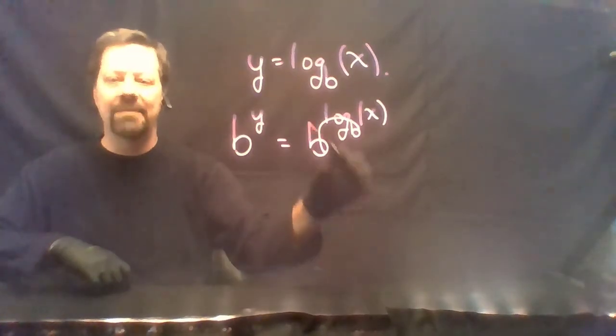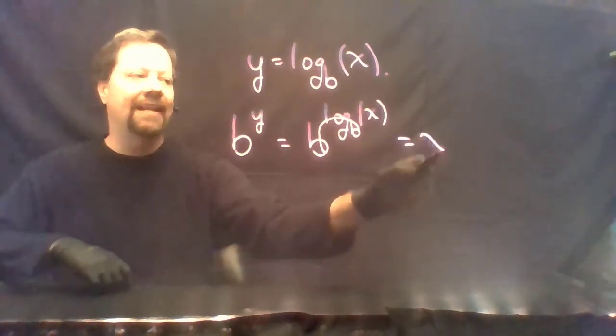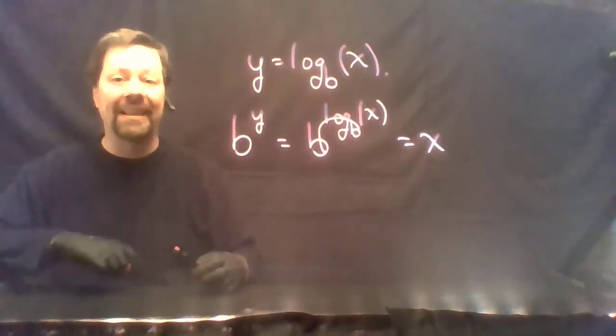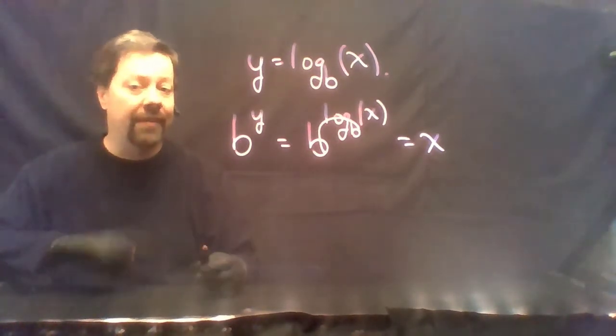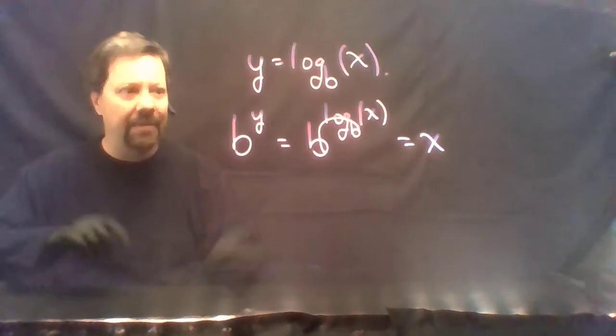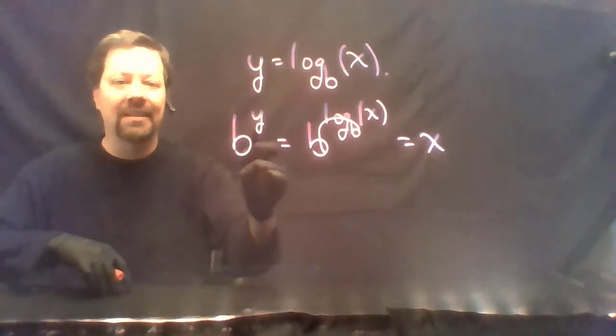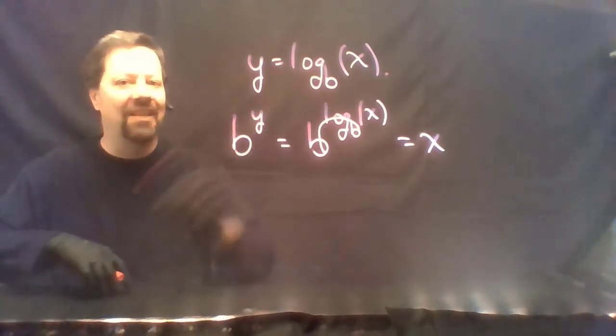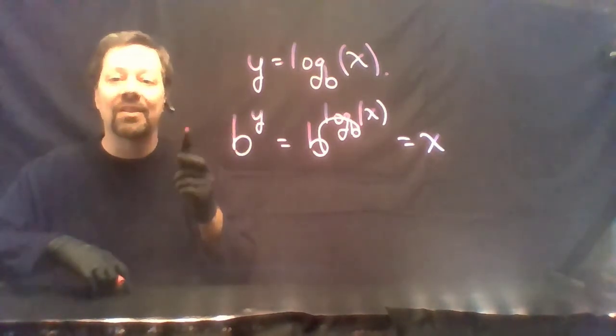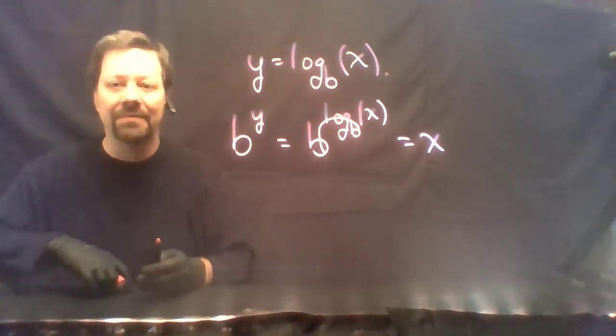The log base b and the b to the power of function cancel, leaving me with simply x on the right-hand side. We know how to take the derivative on the left-hand side, but you need to remember y is a function of x. So we have a function of x inside of some other function, a function composition. That means we need to apply the chain rule.